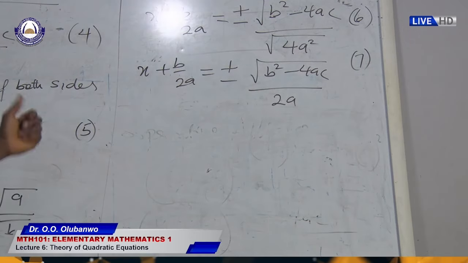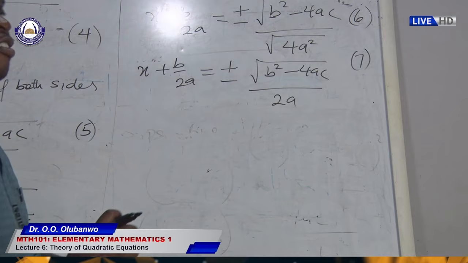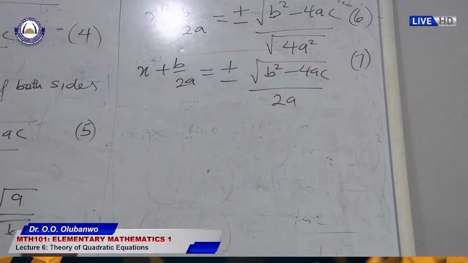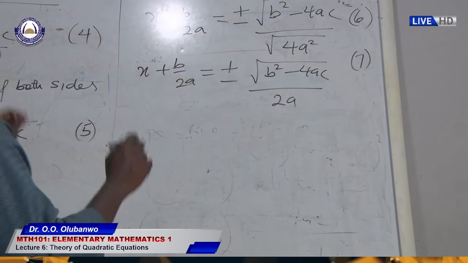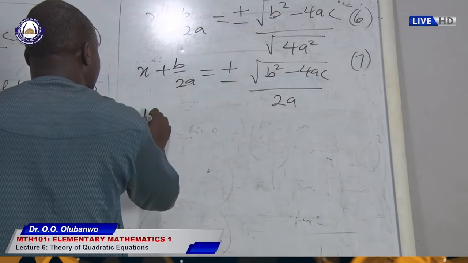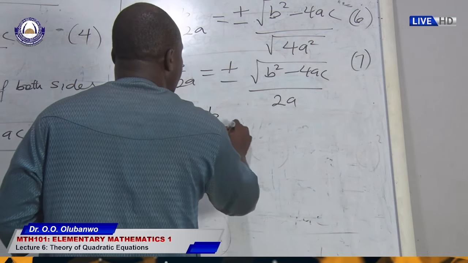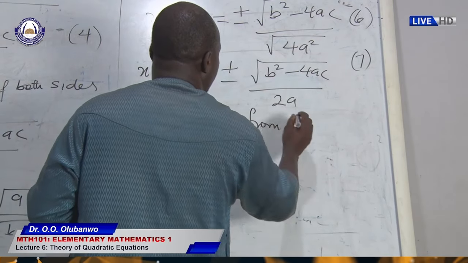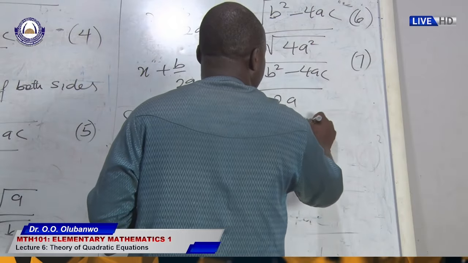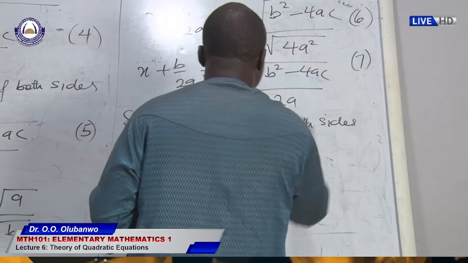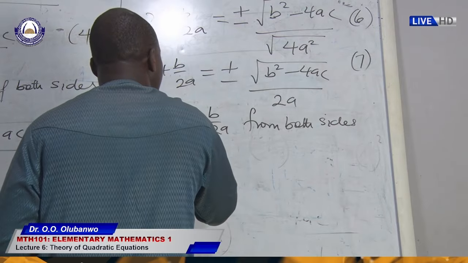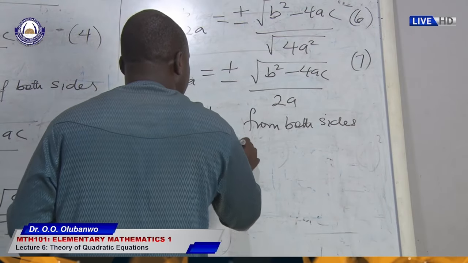Now, looking at the result we have for equation 7, subtract b over 2a from both sides of equation 7.